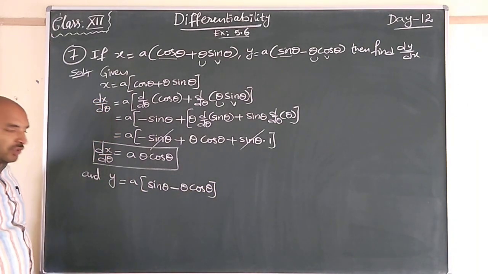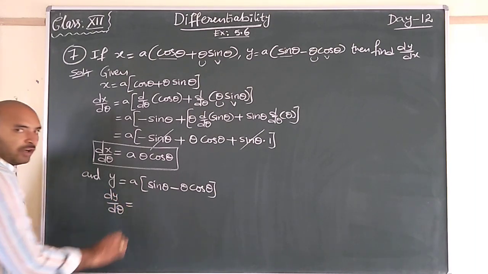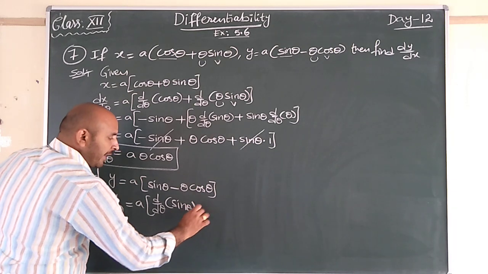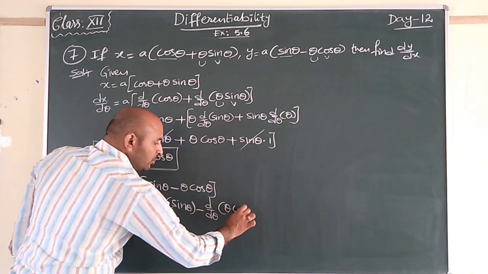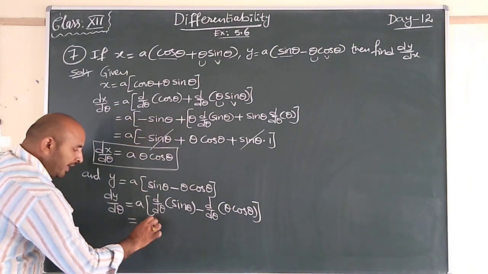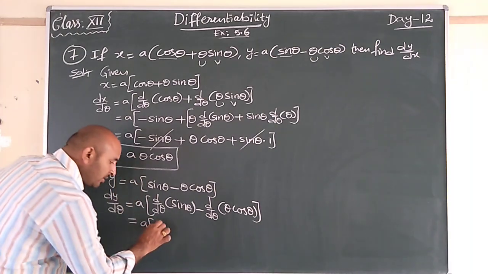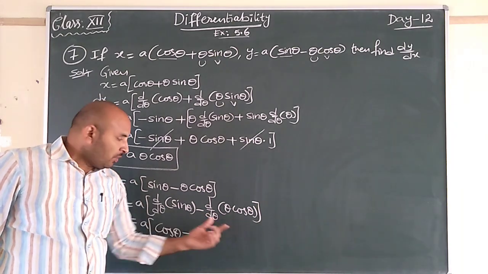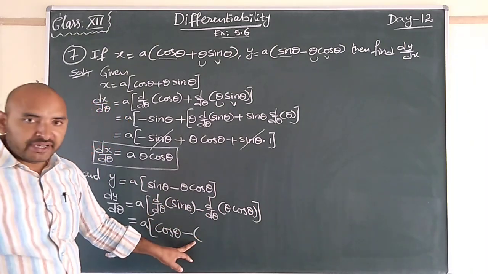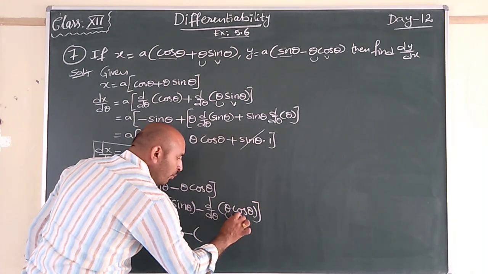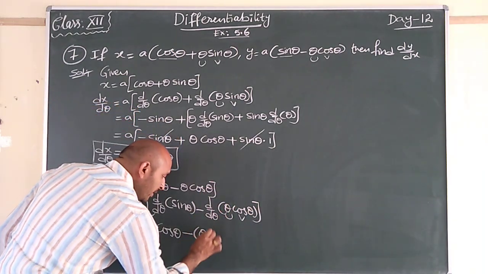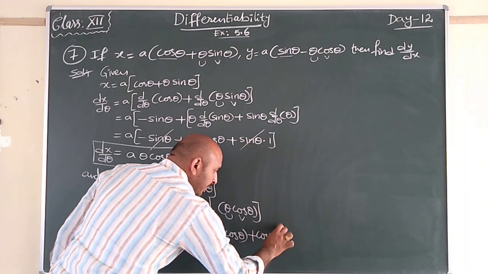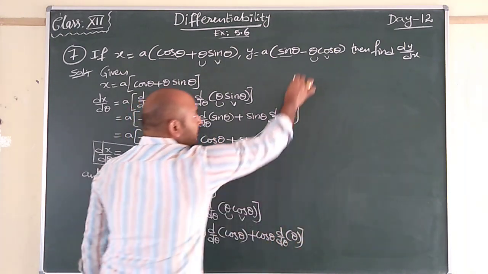Differentiate with respect to theta on both sides. dy by d theta is equal to a into d by d theta of sin theta minus d by d theta of theta into cos theta, which is a into cos theta minus of, you have to put brackets because it is minus and we apply the product rule, minus of uv formula: theta into d by d theta of cos theta plus cos theta into d by d theta of theta.